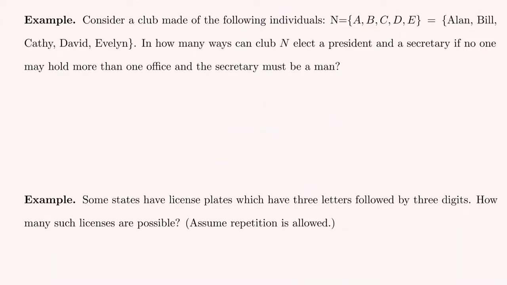Next, we are asked to consider a club made of the individuals whose names are labeled A, B, C, D, E, shorthand for Alan, Bill, Kathy, David, and Evelyn. We are asked to consider in how many ways this club could elect a president and a secretary under the restriction that no one may hold more than one office.